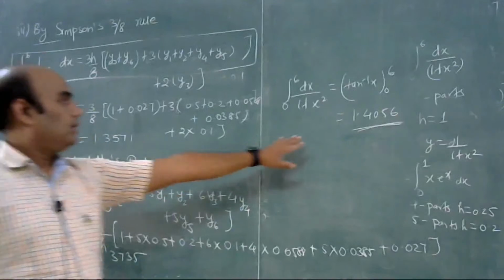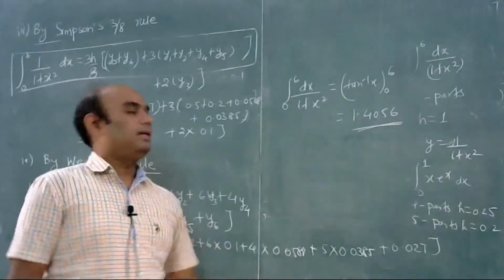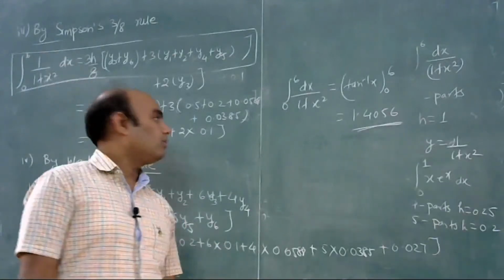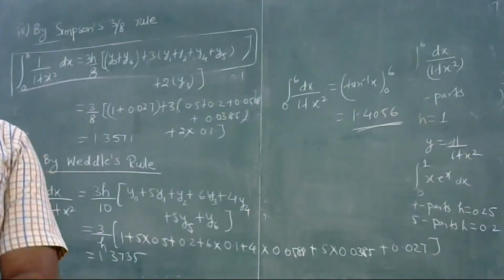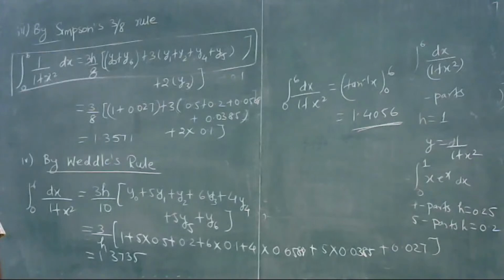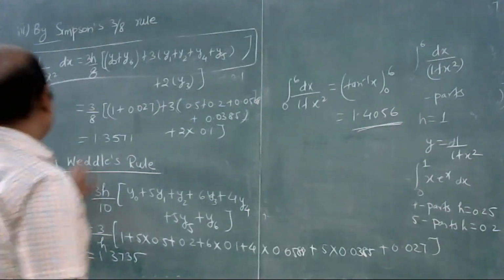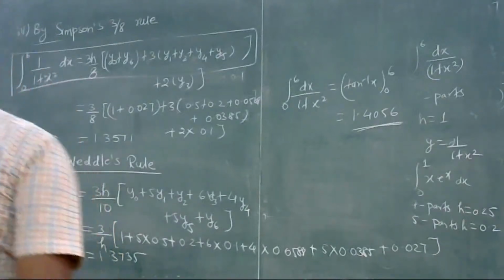This is the correct value of the integral 0 to 6 of dx by 1 plus x square. In the next class, we will solve some more problems based on these quadrature formulas: Simpson's 1/3, 3/8, and Weddle's formula. Thank you, class.